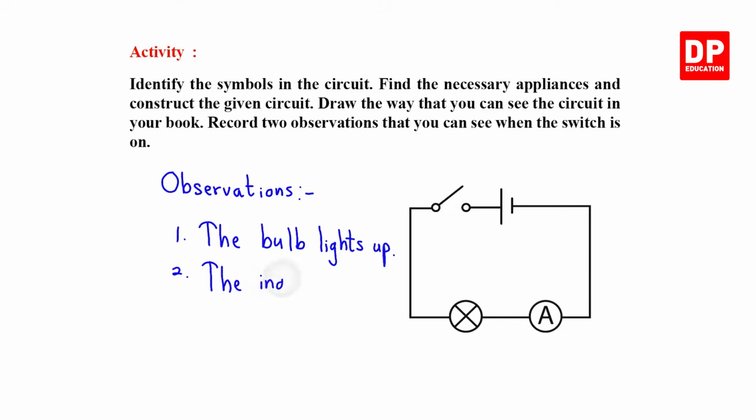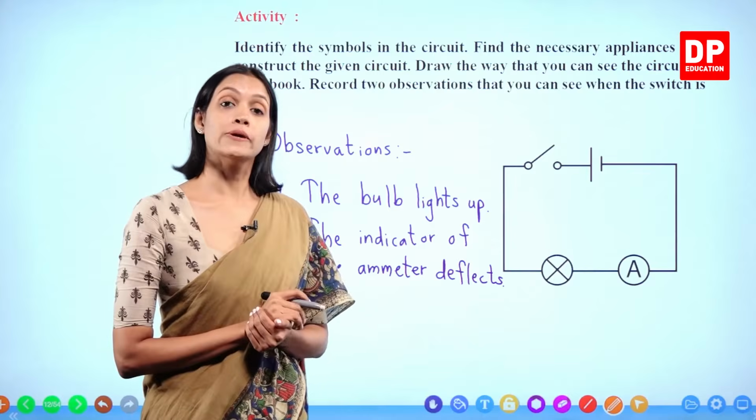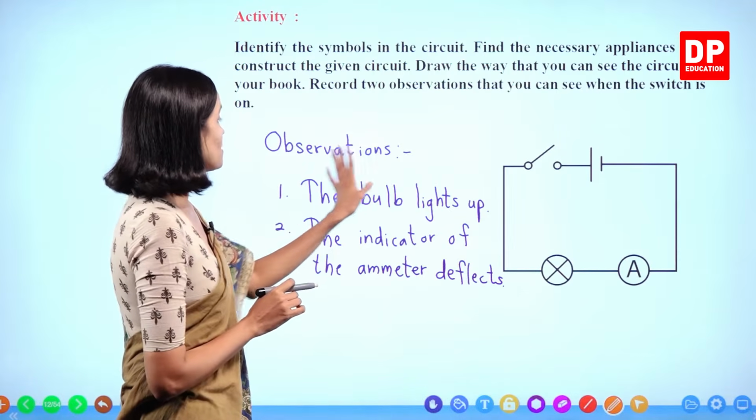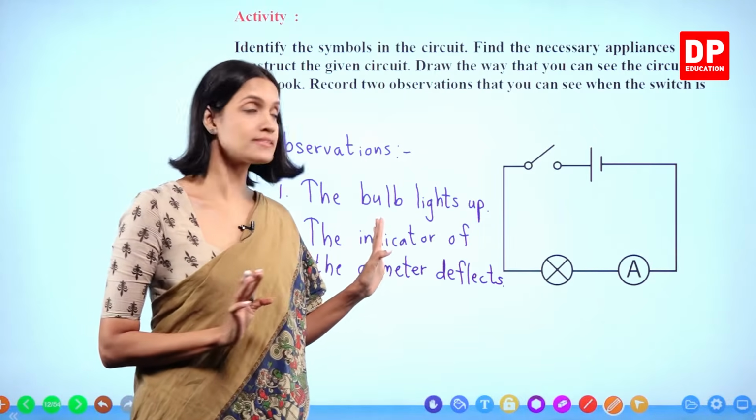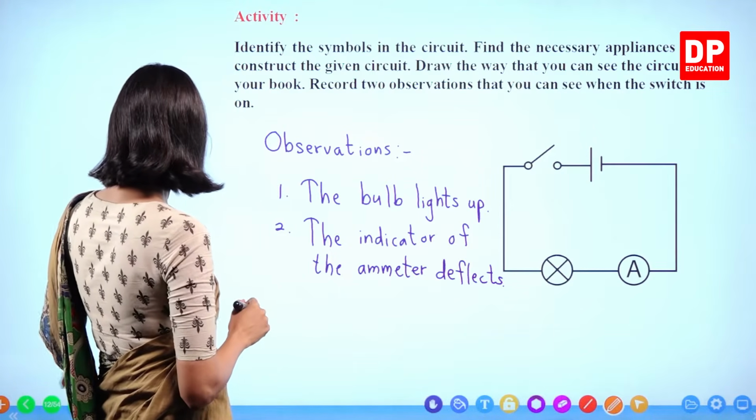The indicator of the ammeter deflects. Okay? The bulb lights up, the indicator of the ammeter deflects. Okay, children? We'll move on to the next.